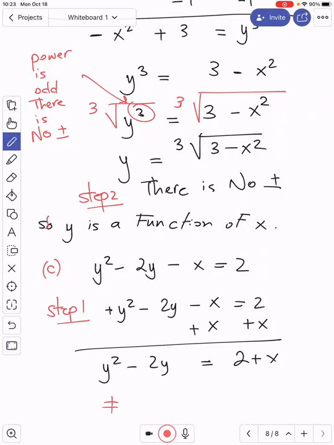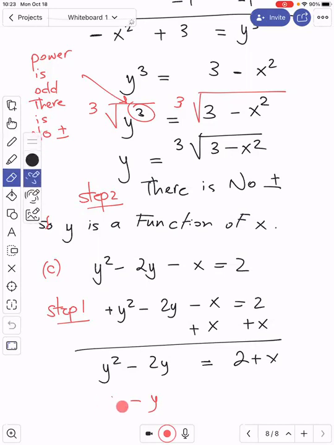This is not equal to, for example, minus y, or you are not allowed to subtract the powers here. It's y squared minus 2y. So y has different exponents, and when you have different exponents, you cannot combine the two y's. You cannot subtract them or add them.